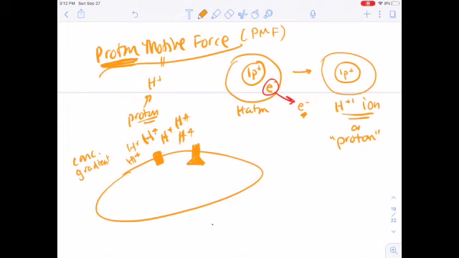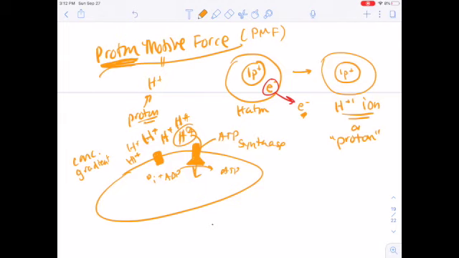osmose back through ATP synthase, right? They osmose back through, and that causes ATP synthase to basically turn and gives ATP synthase the energy to put the phosphate group back onto ADP to form ATP.